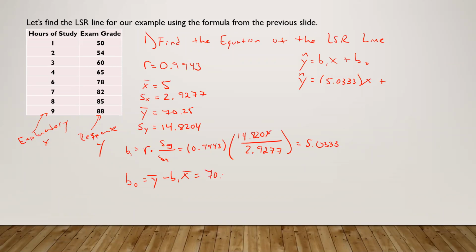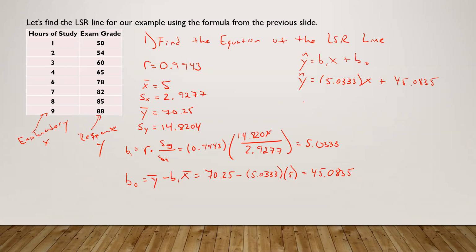So that's 70.25 minus 5.0333 times x bar, which is 5, which will get you 45.0835. Okay. So actually not too bad doing it by hand, right?